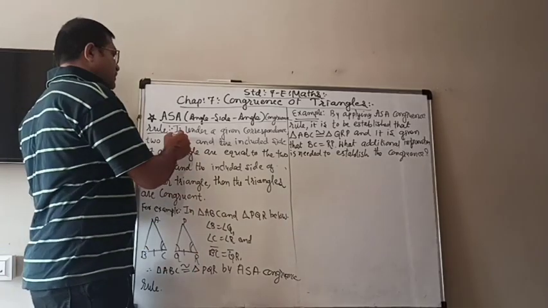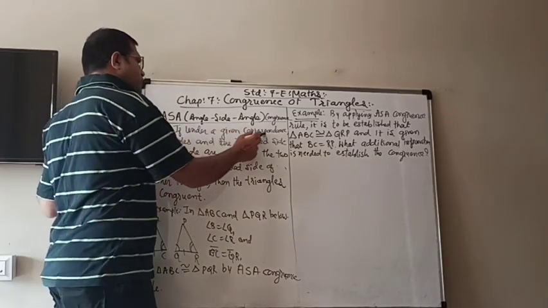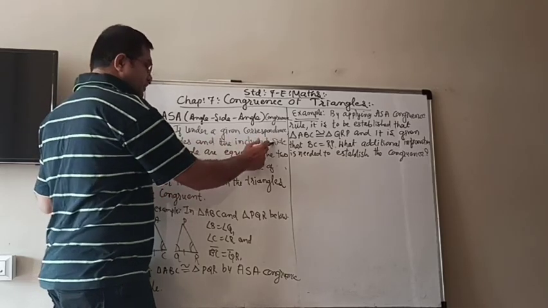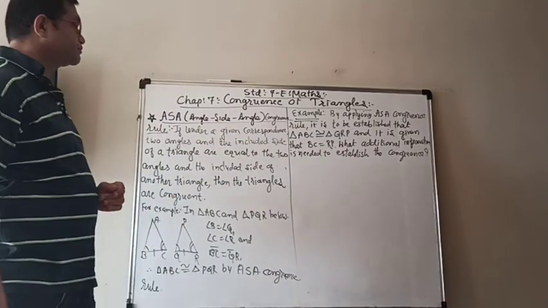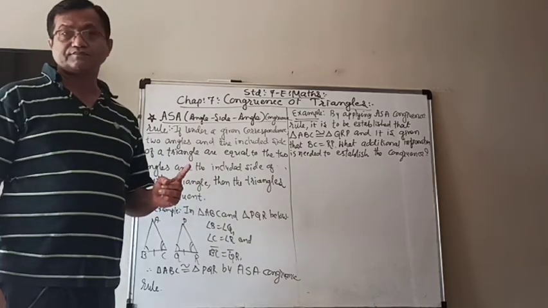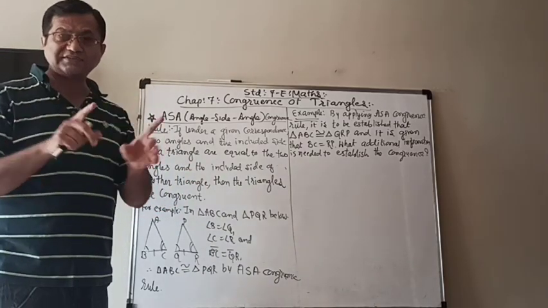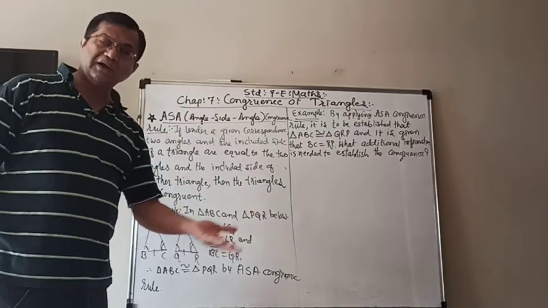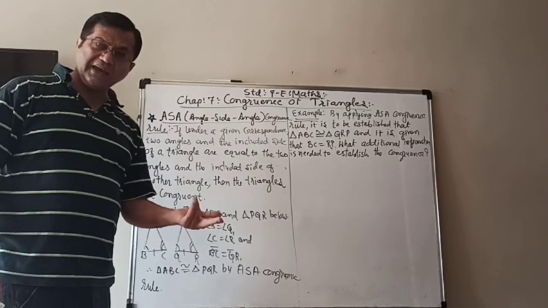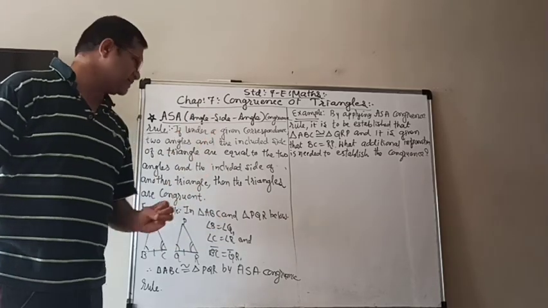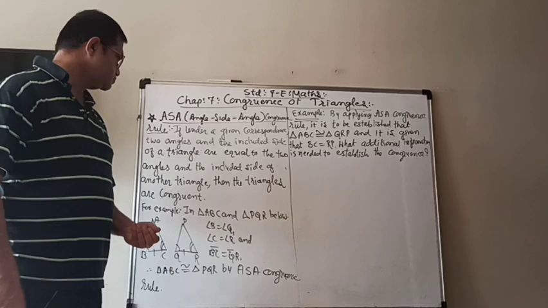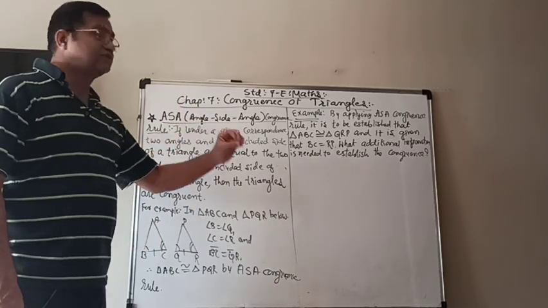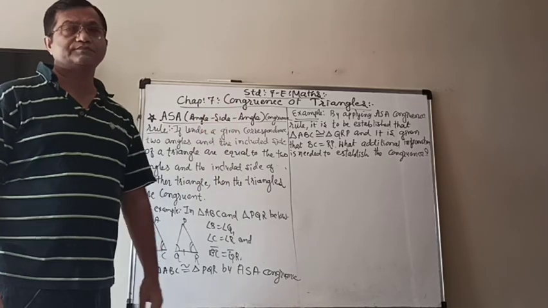So if under a given correspondence two angles and the included side of a triangle are equal to the two angles and the included side between them of the other triangle, then the triangles are congruent.